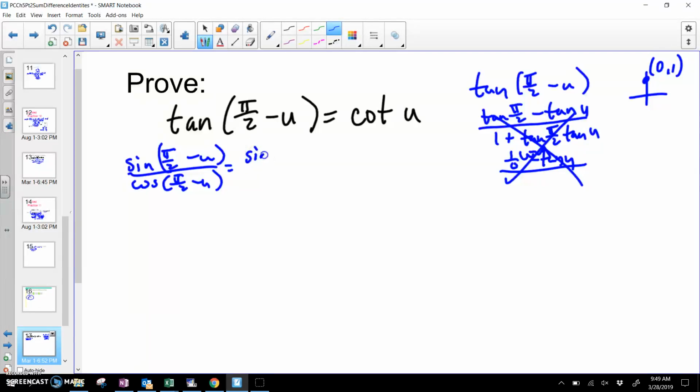So I use sine, cosine, cosine, sine on the top. It goes from a minus, so it stays minus, and then I alternate my angles, pi over 2, u, pi over 2, u. All over the cosine here is cosine, cosine, sine, sine, and then the sign says switch it from a minus to a plus. Alternate my angles.